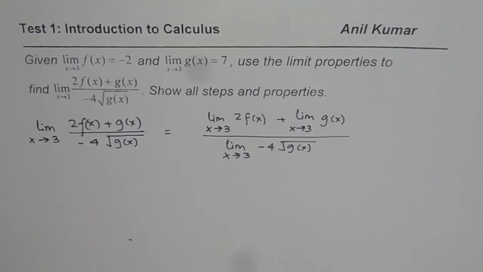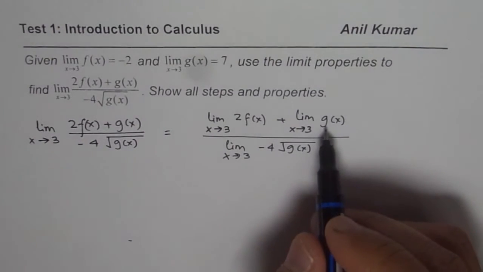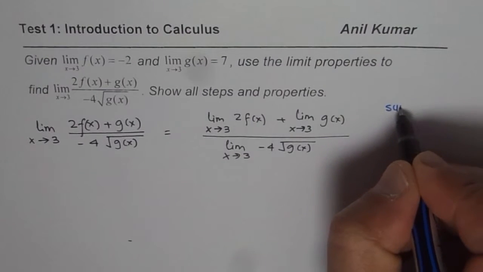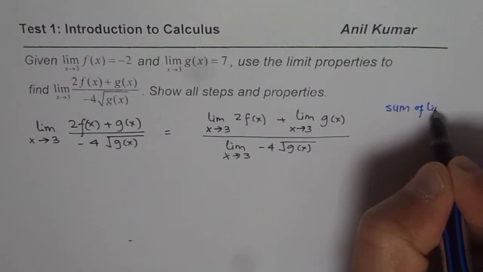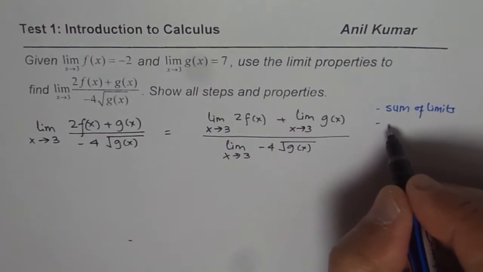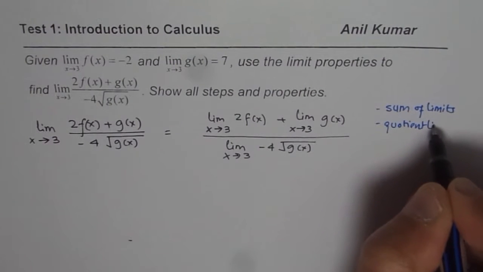So at this stage we have applied two properties, right? One is that the limit of a sum is the sum of limits, so we have applied the sum of limits, and the other is the quotient of limits.